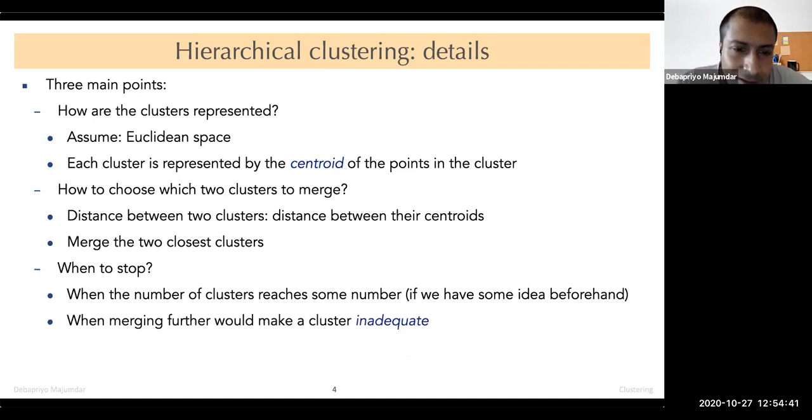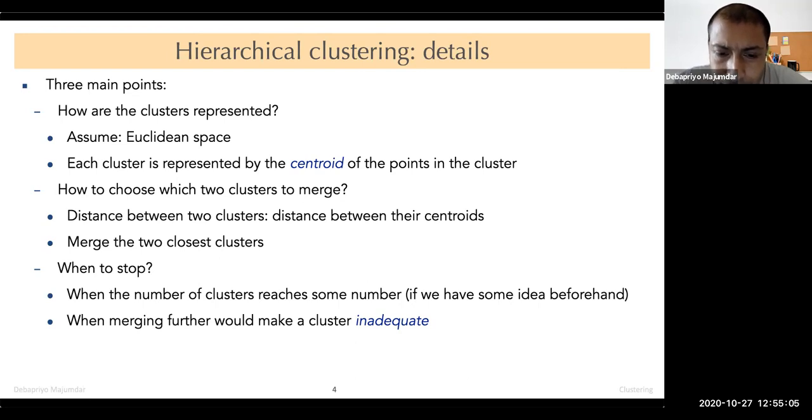Then the other approach: hierarchical clustering means you start from every point as a different cluster, and then slowly you keep merging. At some point of time, merging further would make a cluster inadequate or not so good. So merging further will not be a good idea based on some calculation.